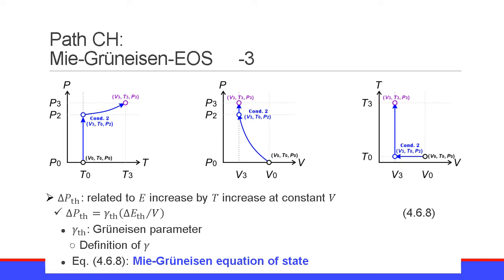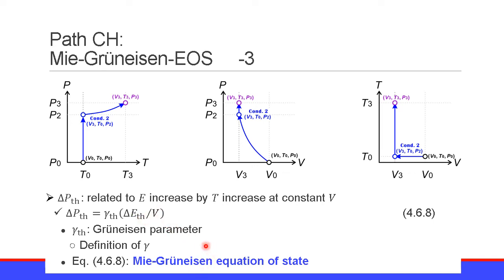In the Mie-Gruneisen equation of state, the pressure increase by temperature increase at constant volume is expressed using the Gruneisen parameter times the thermal energy increase divided by volume.